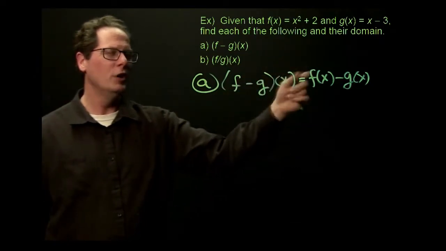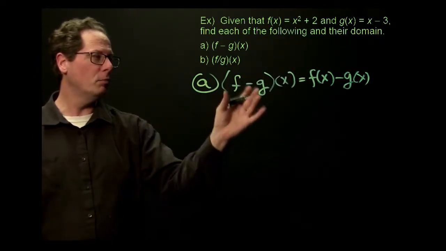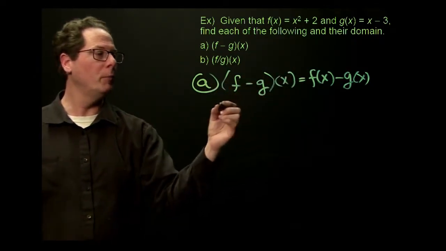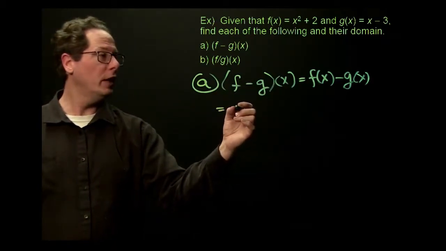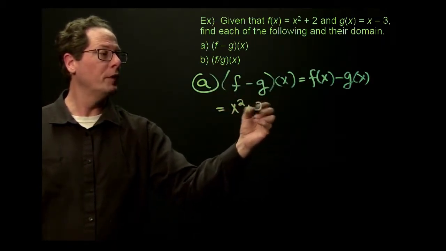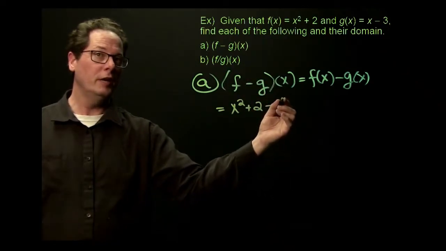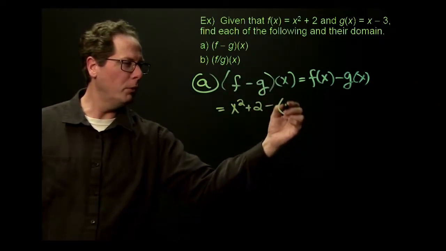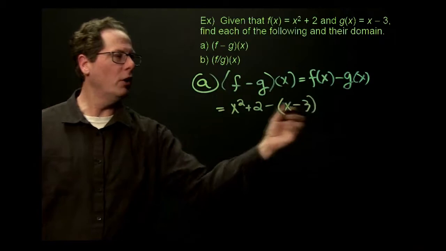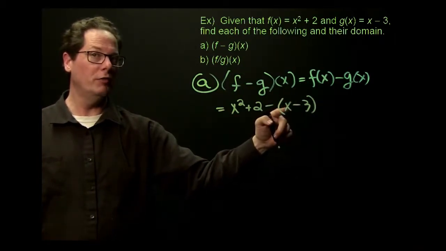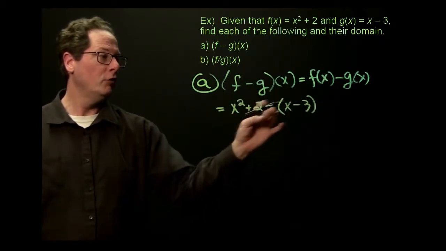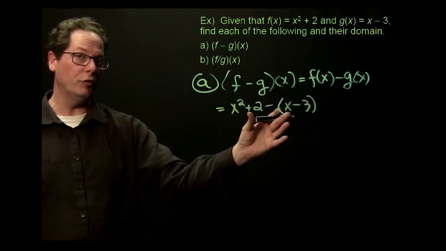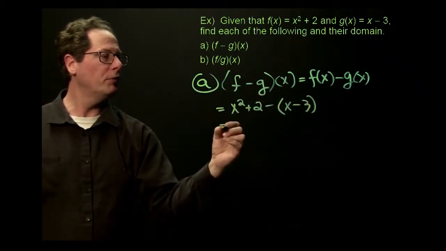So f of x takes x, squares it, and adds 2, and then we subtract g of x. We subtract the whole thing, x minus 3, so that negative is going to distribute through the parentheses. Keep that in mind as we go further.